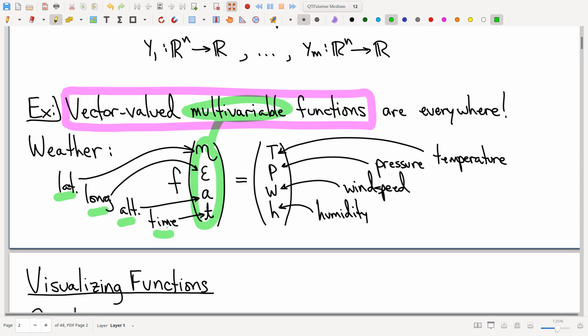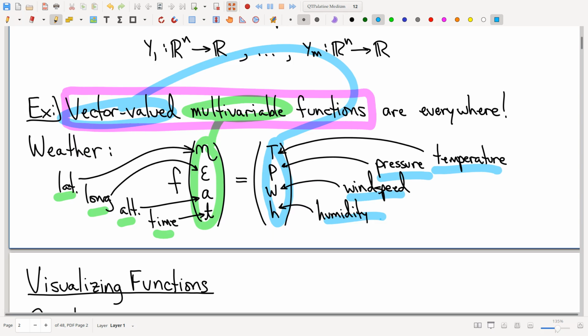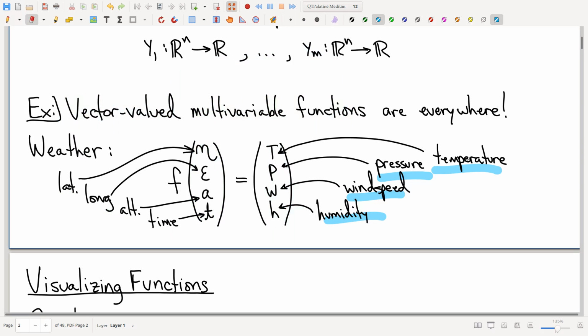Or are you talking about in 10 days, right? So the weather depends on all of these inputs. And what do we mean when we're talking about the weather? We're talking about various different aspects of weather, all of which depend on when, where, and how high are you interested. Everybody on board with that? Okay. All right. So, these are not niche considerations. This is how we understand most functions.